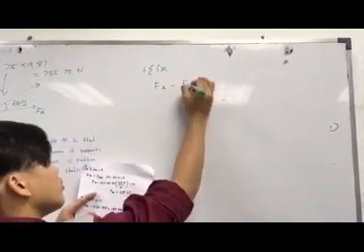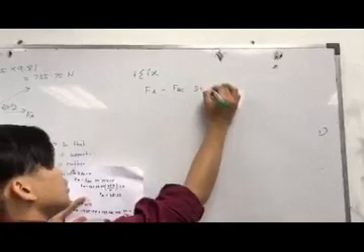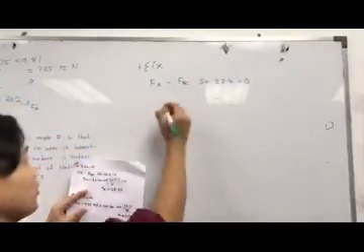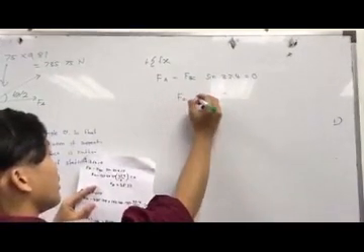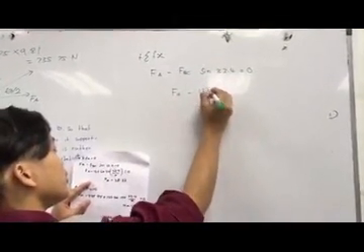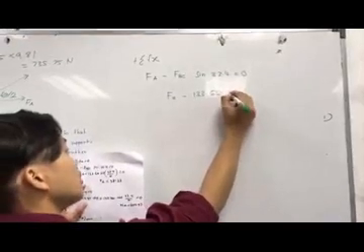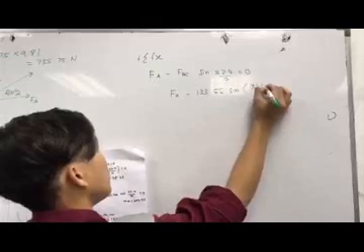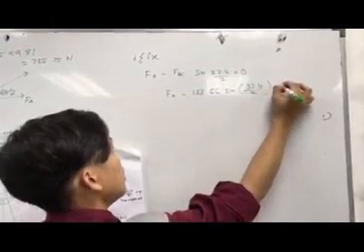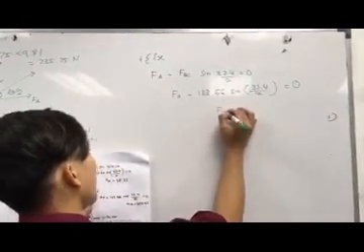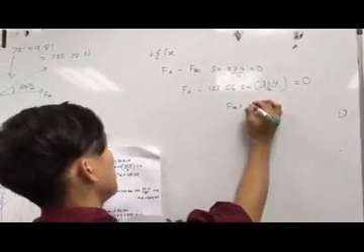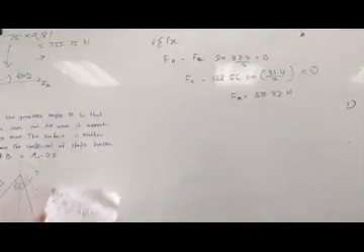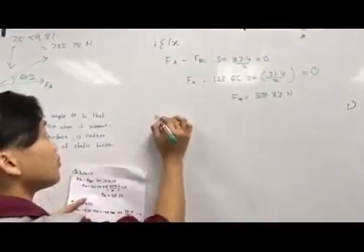FA minus FBC sine 33.4 over 2 equals 0. Therefore FA minus 133.66 sine 33.4 over 2 equals 0, so FA is equal to 38.33 N.